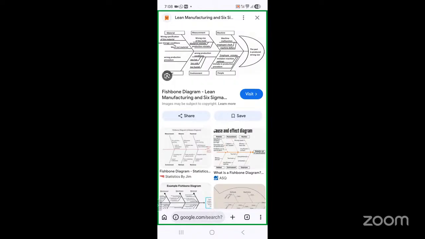So now I am requesting all of you, please write at least 3 factors supposed to contribute to the accident in the plant. The 3 factors will be reflecting the material, not the measurement, not the machine.